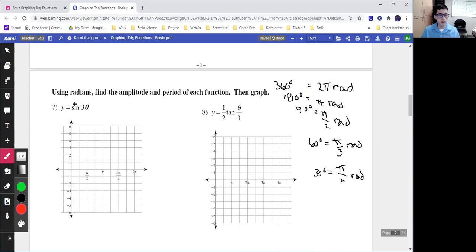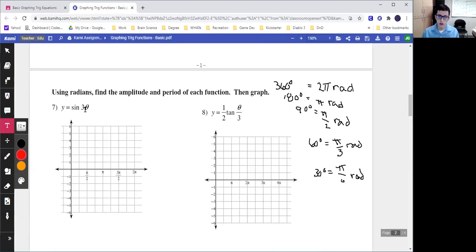So when we say sine of 3 theta, it says find the amplitude and the period of each function, then graph. So we have y equals sine of 3 theta. Similarly to how we had before, because this 3 is in front of the theta, our radians are cycling through 3 times as fast.